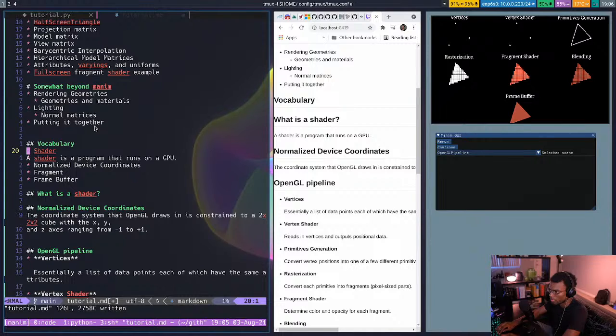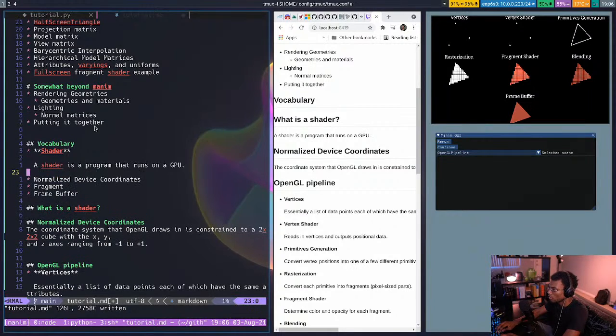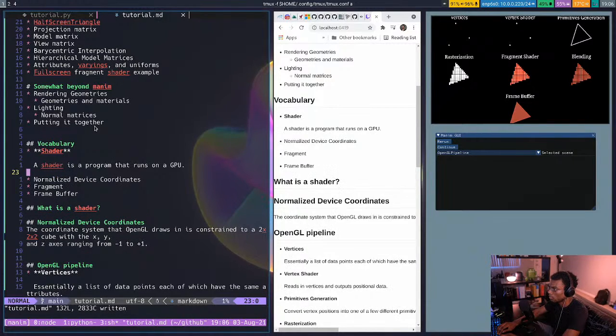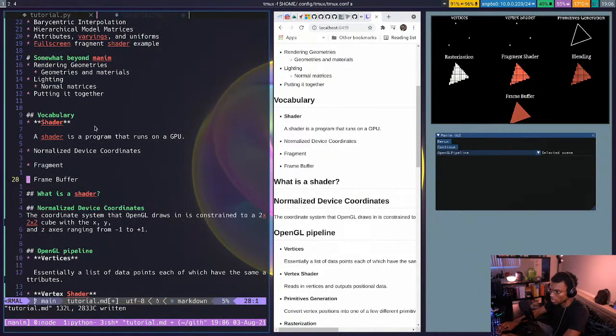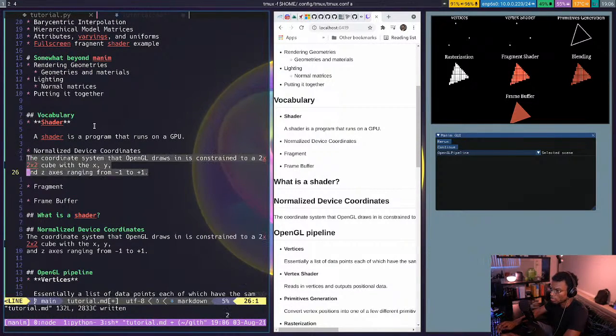Well, the shader one's pretty straightforward, a program that runs on a GPU. I might as well copy this. Move there.